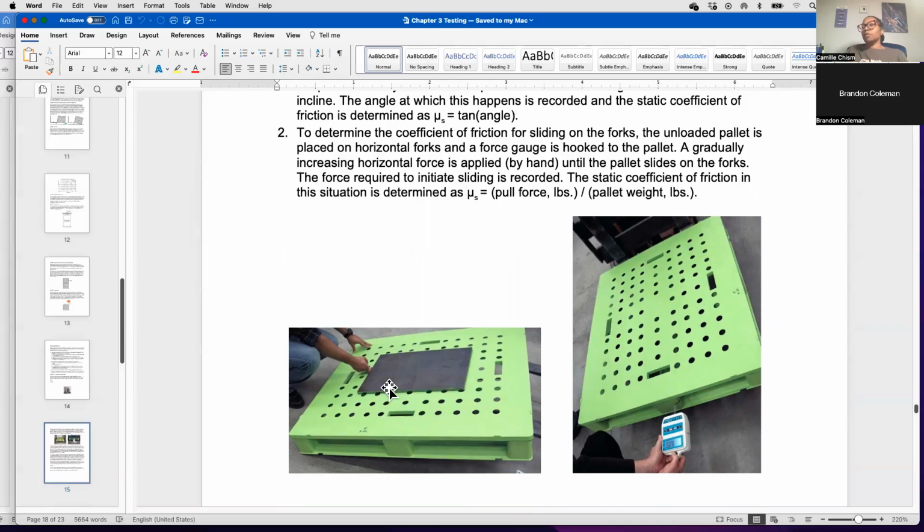You're trying to move those empty pallets so that you can put product on them. The fork truck will put the tines in and it could drag across the top face of this pallet. And it also will measure underneath where those fork tines are, what it looks like, how much friction it takes.